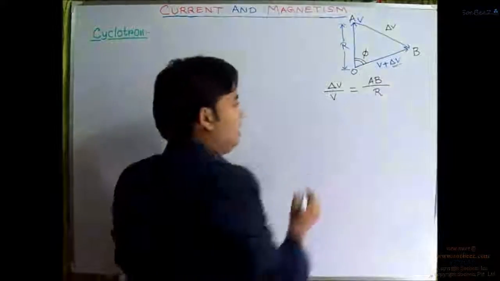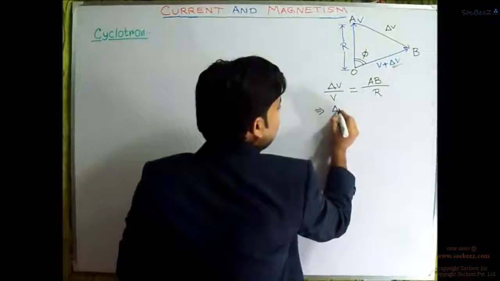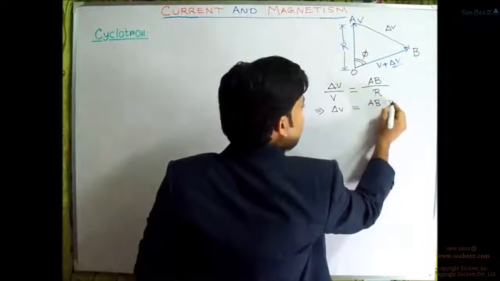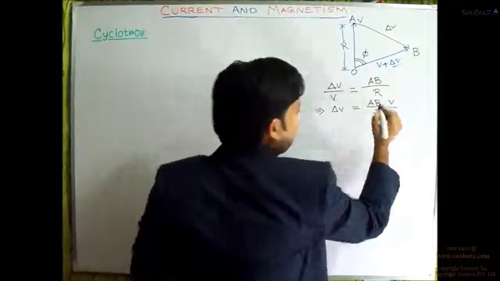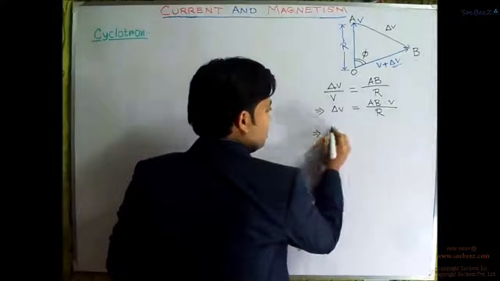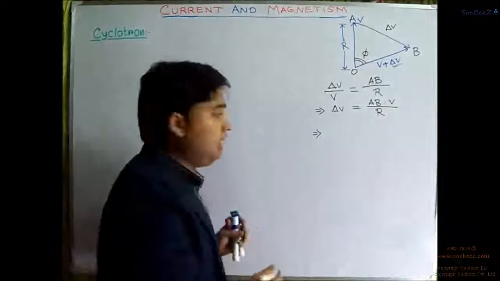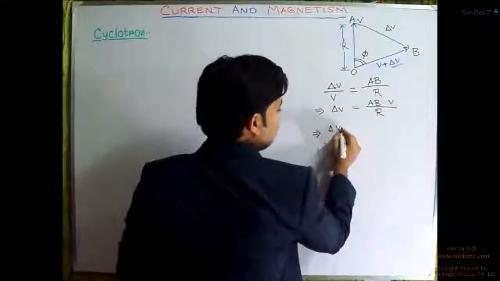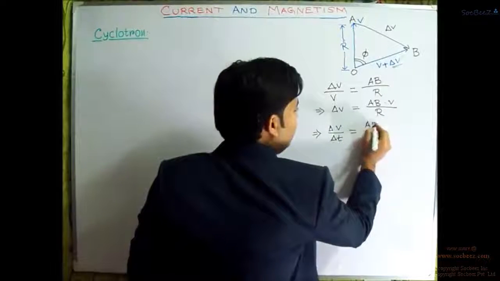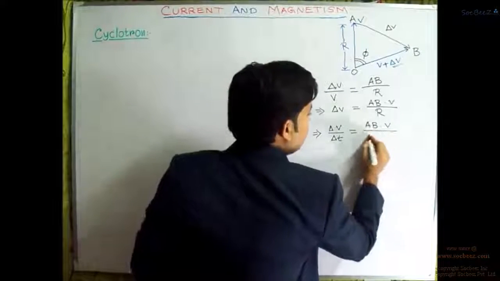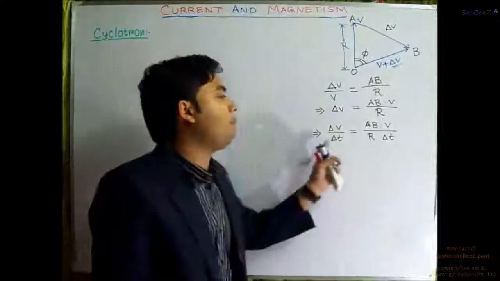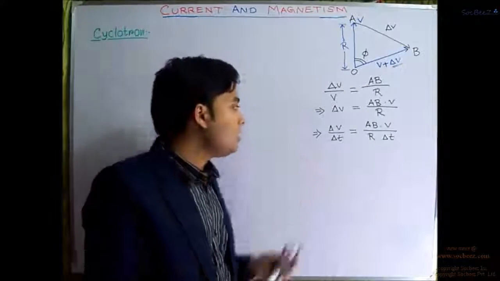So by cross multiplication we can get del V equals AB multiplied by V divided by R, right? Now, if we divide on both sides by del T, we will get del V divided by del T equals AB multiplied by V divided by R, and over here del T, because we need to divide both sides by the same thing, right?